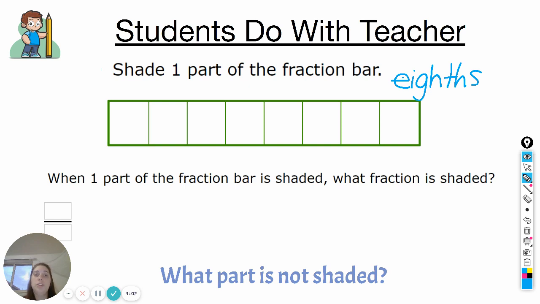Okay, if you have your fraction strip drawn already, I want you to count how many pieces you have. Make sure you have 8, because if you start with the wrong number of pieces, it's going to throw off our answer. So double check that you have 8 pieces, and then we'll continue.